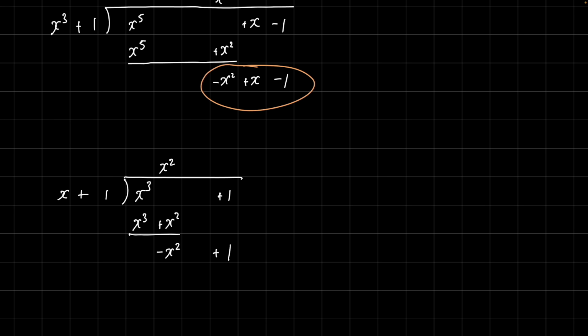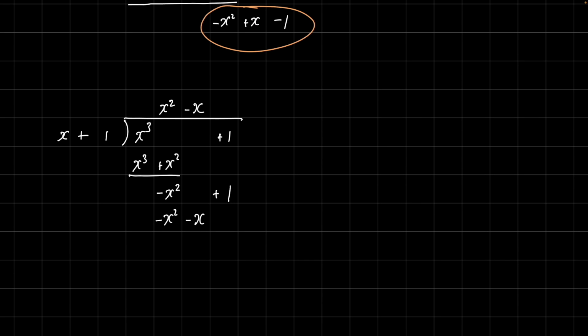And the answer here is I multiply it by negative x. Okay, so multiplying that by negative x, I'll get negative x squared, and I'll get minus x. Okay, and we subtract that off, and subtracting negative x is going to be positive x, and we'll bring down that plus 1 again.